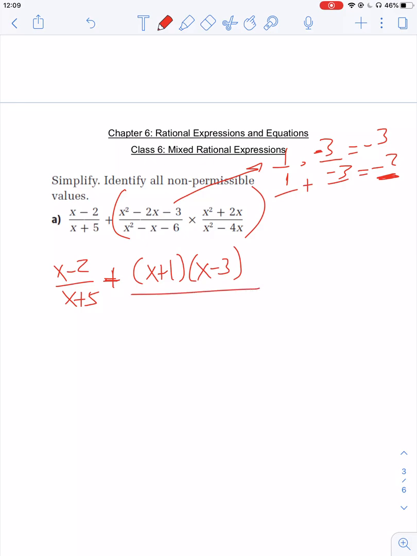And now let's factor the denominator. And once we factor the denominator, I guess the non-permissible values will be more apparent, right? So let's erase this and do the same thing with the denominator. I'm looking for two numbers that multiply to -6, and they have to add up to -1.